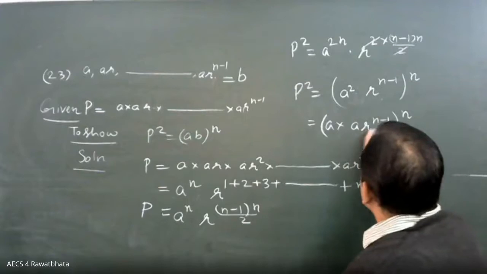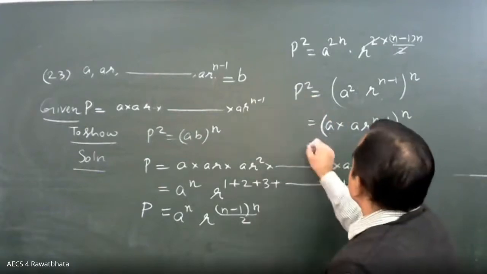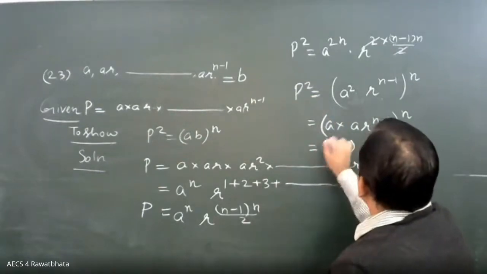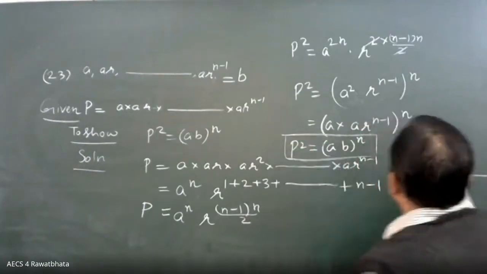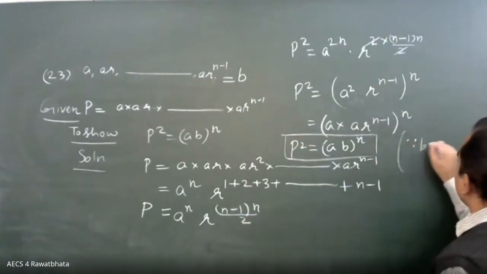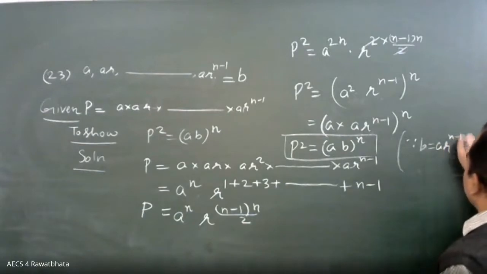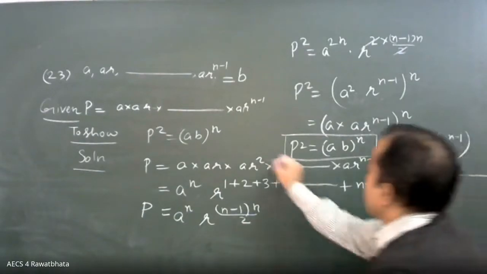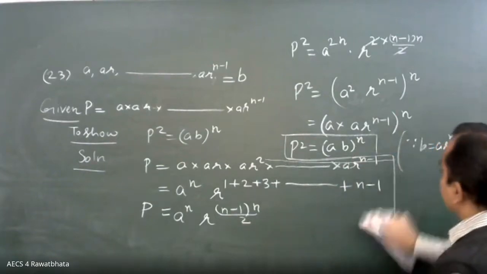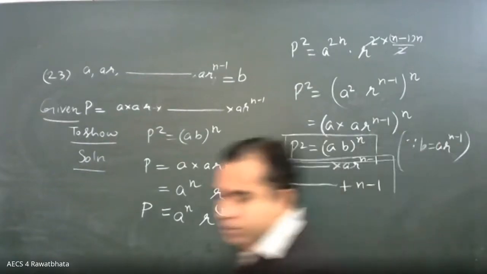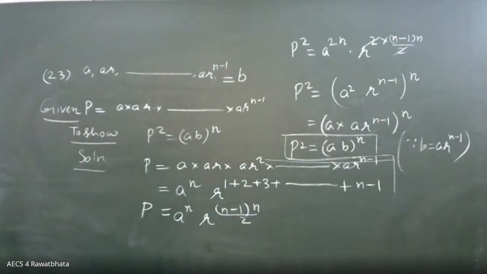And obviously this part is B. So this becomes AB whole to power n, P square equals, because B is equal to A R raised to power n minus 1. So that's it. This only we wanted to prove. है ना? So this is the solution of this 23rd question.